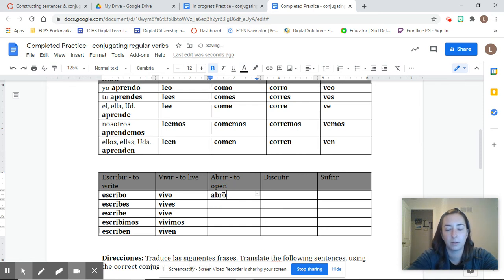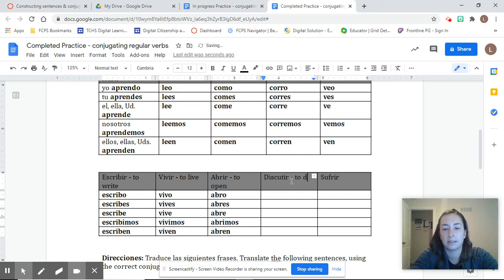Yo abro. Tú abres. Usted abre. Nosotros abrimos. Remember, IMOS. Ellos y ustedes abren. The same pattern here. Take the IR off. Stem is the same every time.